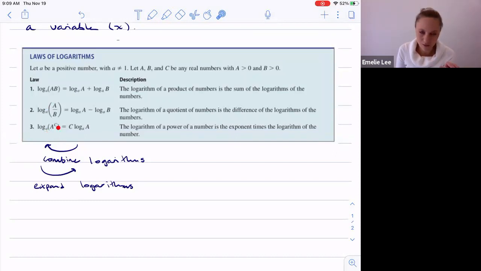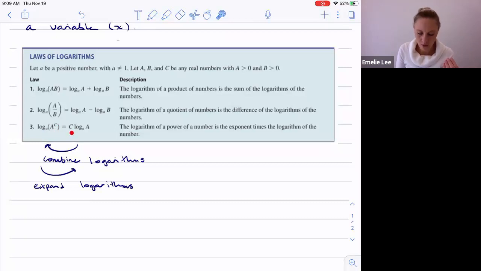So if we have something in the power that we need to solve for, then what we can do is take the log base A, that's any log base. What we'll see is you don't necessarily have to have the same capital A base in your log as you do in your exponent to bring that down. It just makes it easier because you're able to cancel them.